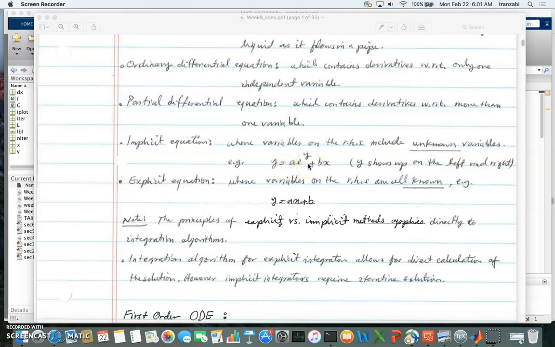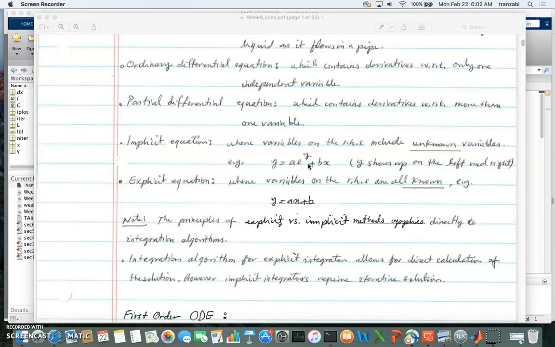And I cannot really have an equation where y only shows up on one side, like y equal to something that is only a function of x. If you cannot find such a thing, and your unknown, in this case y, shows up on both sides, then that is called implicit function.